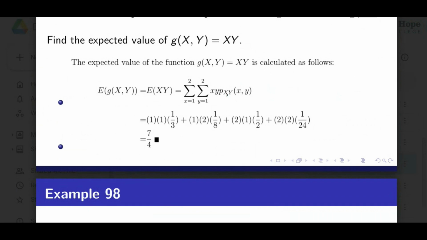Anyone have any guesses? There are times it is true, not true in general, but when do you think it's true? This word starts with an I. When x and y are independent. And so we will get to that.